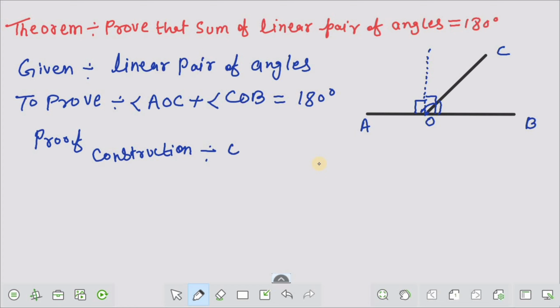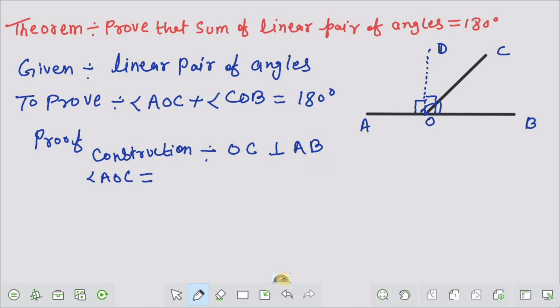So OC is perpendicular to AB. Here just name this point D, right?